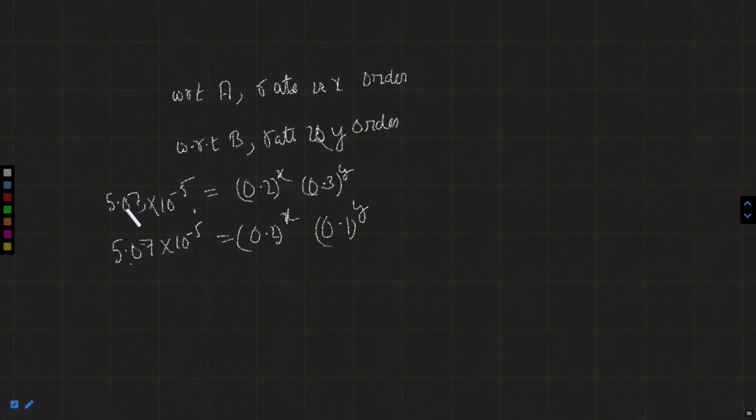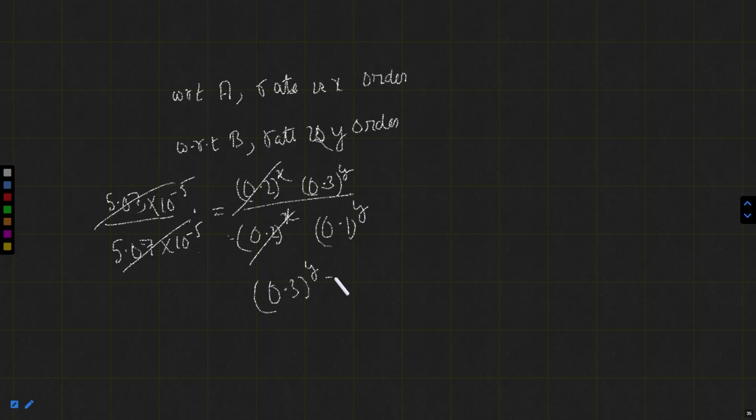Now divide both of these equations. This and this will be cancelled out. Now we will get 0.3 to the Y is equal to 0.1 to the Y. You will get this. Okay. So for both terms to be equal, there can be only one case.